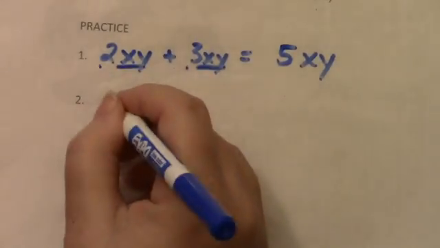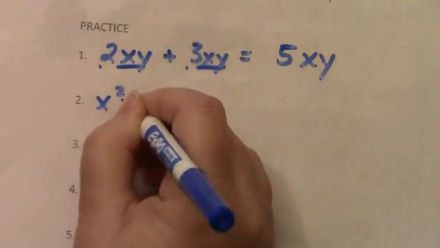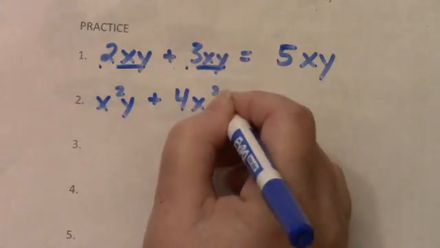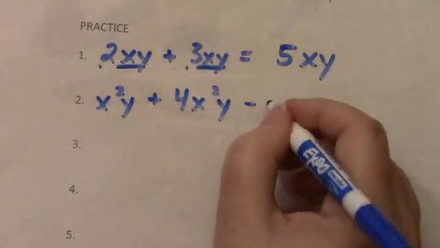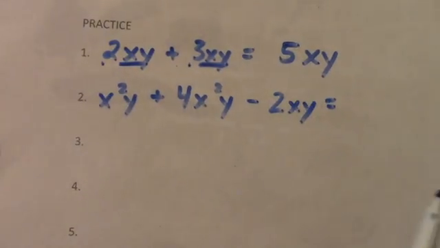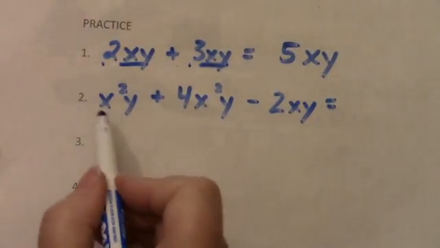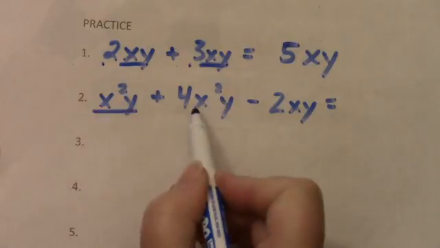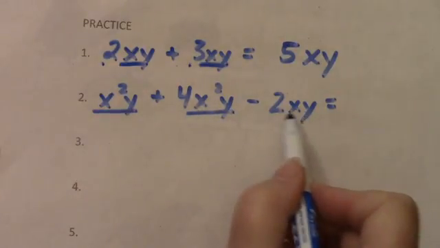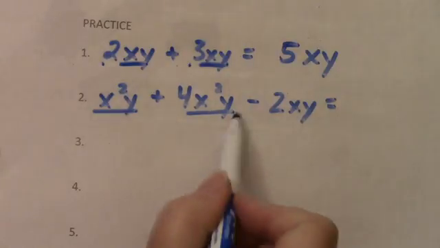Well, what if I had x squared y plus 4x squared y minus 2xy? Okay, well, let's look at what I have. I have an x squared y and an x squared y. This one is not the same. I can only combine these two.